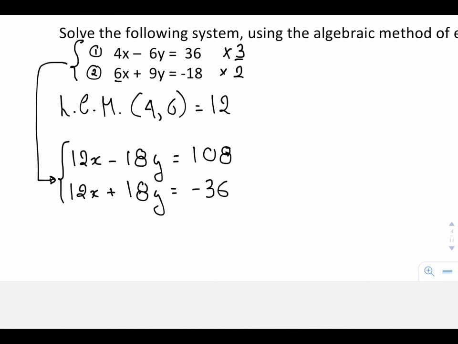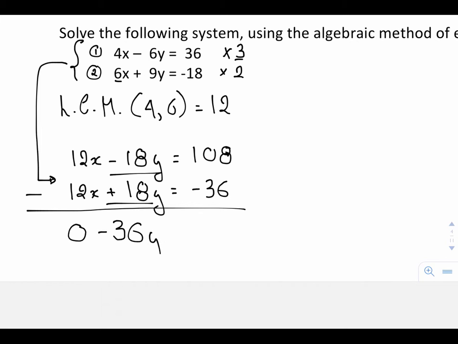So what I'm going to do is subtract the two equations from each other. Here's what's going to happen. I'm going to subtract the x's from each other, so 12x minus 12x gives me 0. Negative 18y minus positive 18y, contrary to what you might be thinking right now, is not 0. It's going to give me negative 36y.